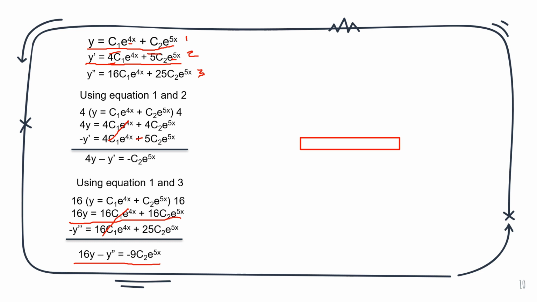So, using the equation 4 and 5, para ma-eliminate natin ang c2, by multiplying the whole equation 4 by 9, makukuha natin ang value na 36y minus 9y prime is equal to negative 9c2 times e raised to 5x.